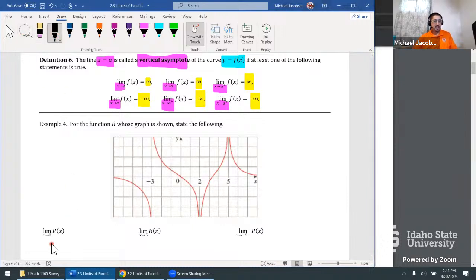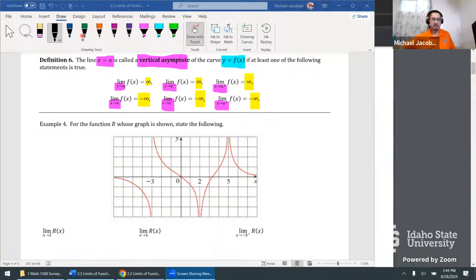First, it says limit as x tends towards 2. Any volunteers for the value of that limit? Macy says negative infinity and absolutely.